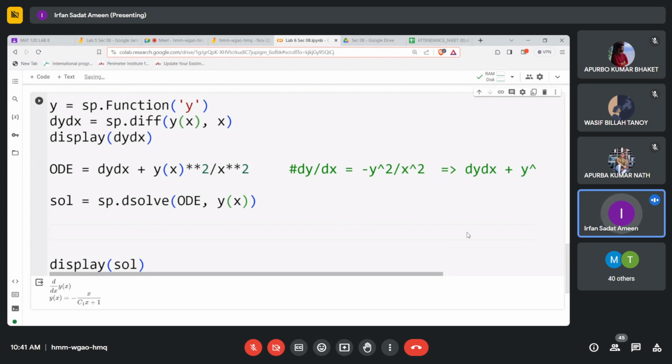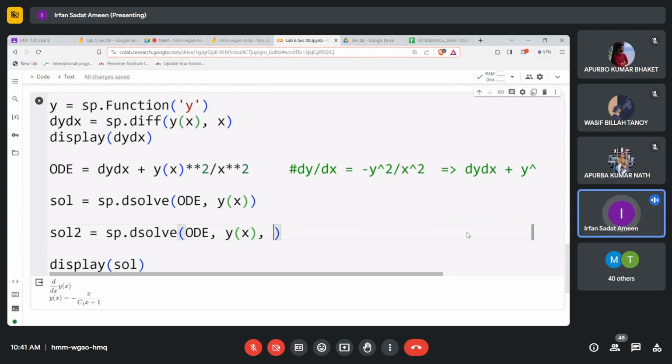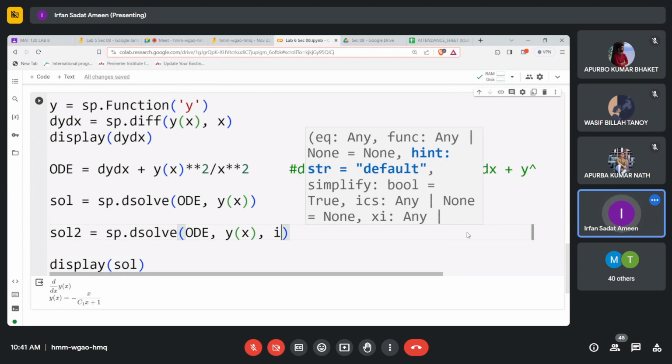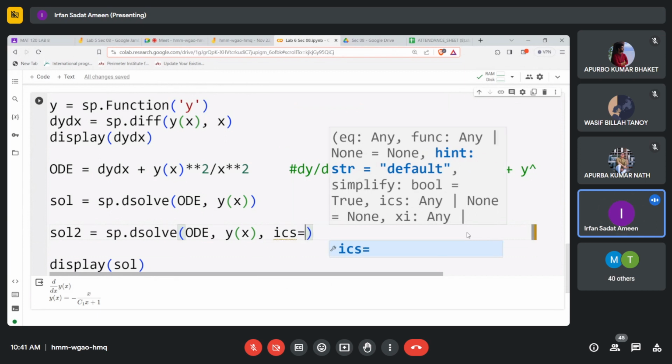We have to write, I'll name this solution 2, sp.dsolve, the first two exactly the same. So you have the differential equation, and then which function we are going to solve, and then you need to give the initial values. The initial values will look a bit weird, so you have to write ics for initial conditions, then equal, and then you have to write curly brackets.